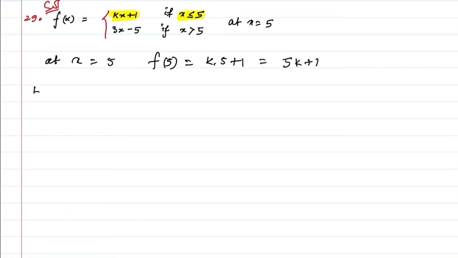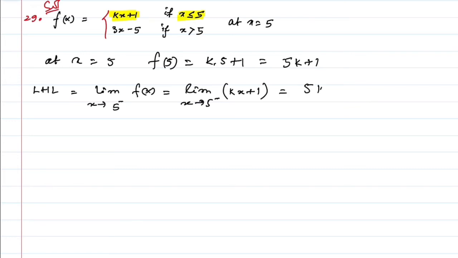If you find the left hand limit, limit x tends to 5 negative f of x, x is approaching 5 from the left hand side, so we take the expression kx plus 1. Replacing x by 5, it will again be 5k plus 1.